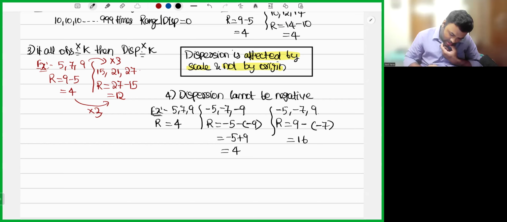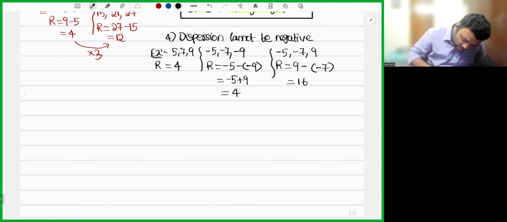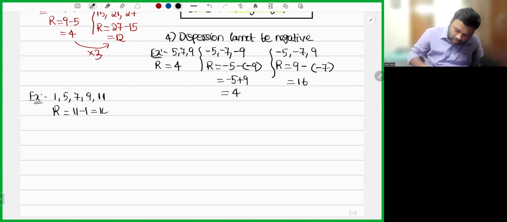Now, say for example, I'm saying 1, 5, 7, 9, 11. What is the range? 11 minus 1, 10. All observations I am multiplying by 2. So what is range?